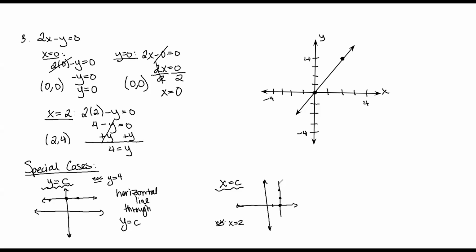So it's going to be anywhere along this vertical line. So this one is going to be a vertical line through x equals whatever that number is. All right, so special cases, if it's just an x or y, it's always horizontal or vertical, you just have to try to figure out which one.